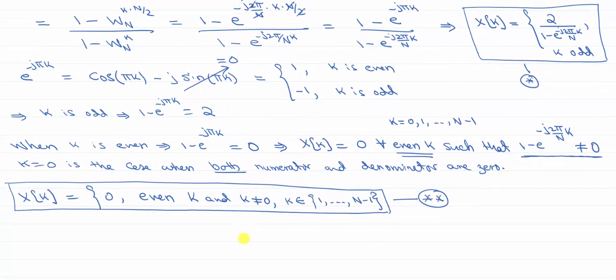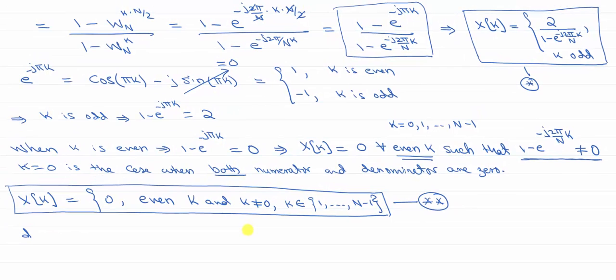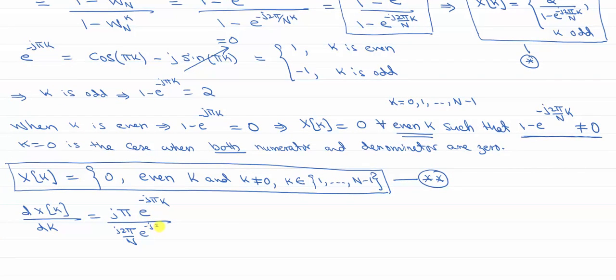So I'll just do that. If I look at this expression, I'll apply L'Hopital's rule to this. So I'll do dxk by dk, which is equal to pi e to the minus j pi k over j 2 pi by n e to the minus j 2 pi by n k.